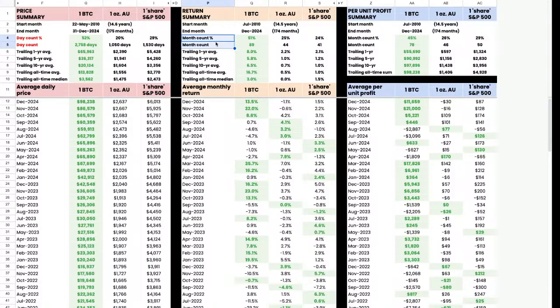So it gets a little bit hairy. It's not insurmountable, but my workaround for that is from here, I'm only going to work from the monthly averages to the left. Okay, so that's how you're going to find these values, these returns. Many analysts do it different ways, but the leftmost column, the price summaries of all these things, Bitcoin, the S&P, gold, are from daily averages, as you see in the red here, day count, day percentage.